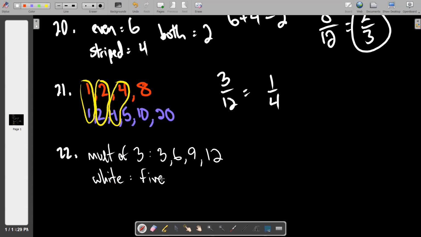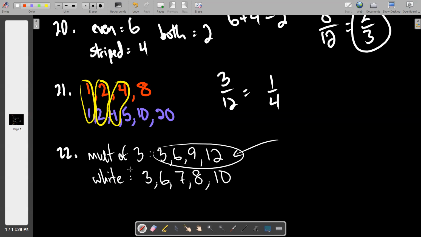And the white cards are, here, let me make this more clear, in case anyone actually goes back and watches this broken video, then this will make more sense. The white cards are 3, 6, 7, 8, and 10. Very good. I did it a little different way on my paper, but this would make way more sense to somebody. So now again, I'm just looking for the OR here. How many are on this list here? 4, right?